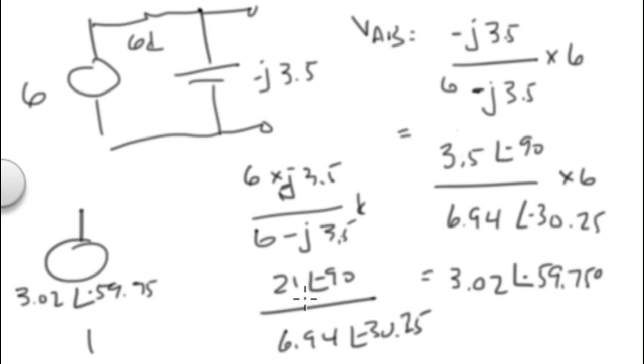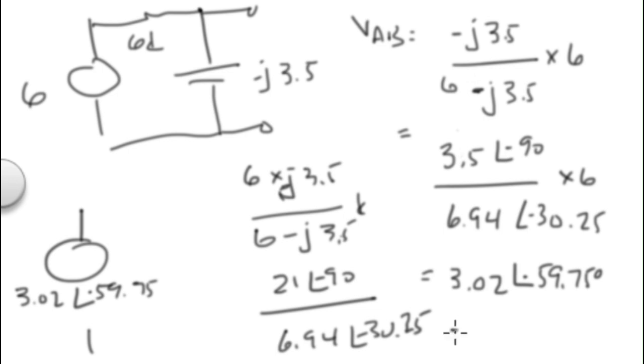So I have my resistance, my R-Thevenin, is 21 divided by 6.94 or 3.02, which comes up to the same exact number as the other one. So basically we're mimicking ourselves.